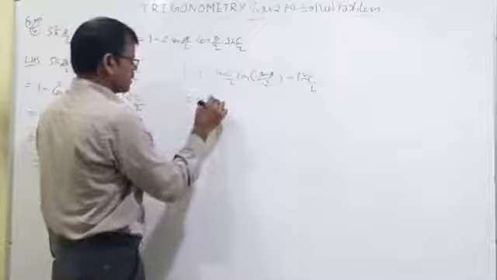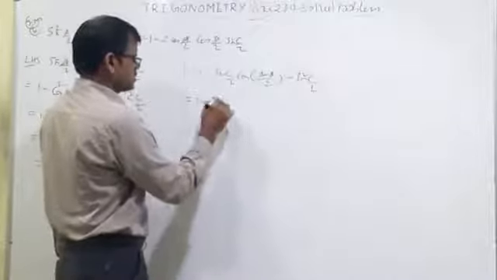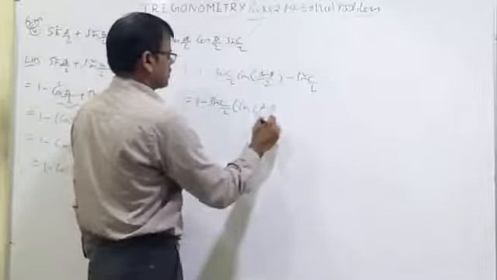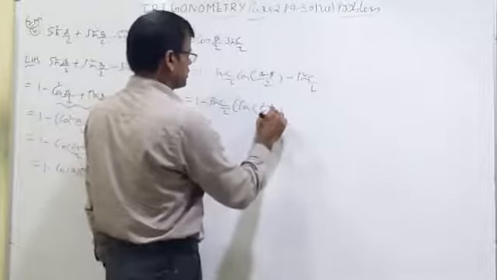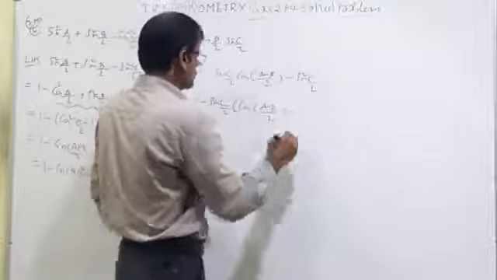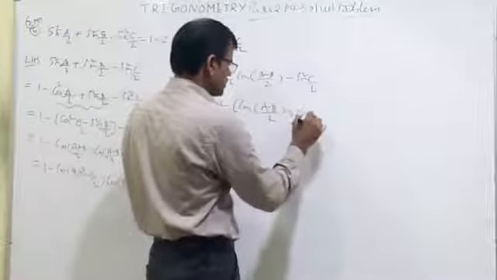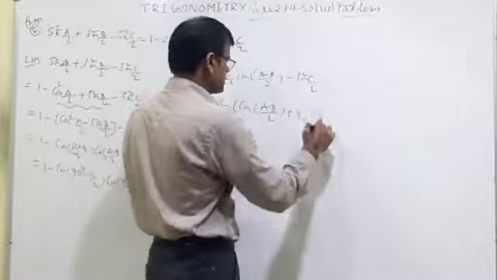Now you take common sin C/2 in both terms. So it becomes cos((A−B)/2), and whenever minus is taken common, it becomes plus within the brackets: sin C/2.